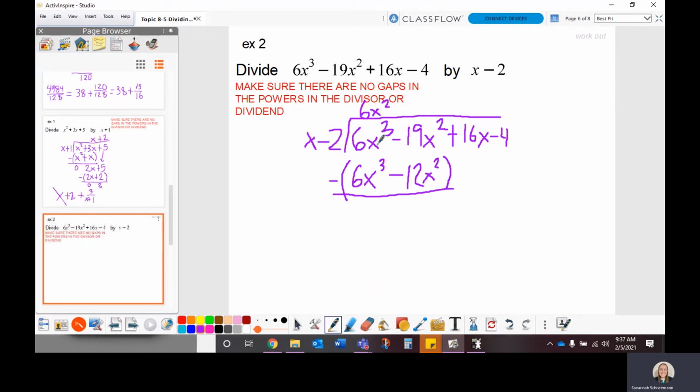So we subtract, these two cancel out, we get 0. Negative 19x squared minus a negative 12x squared gets you negative 7x squared. We're going to bring down that plus 16x. Okay.